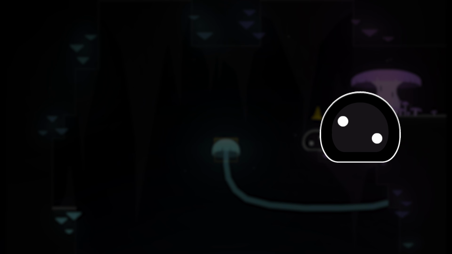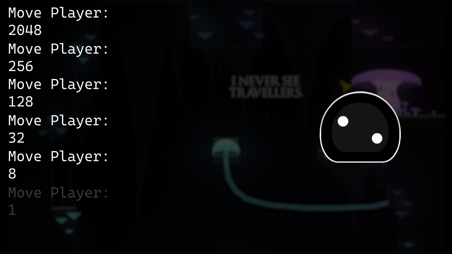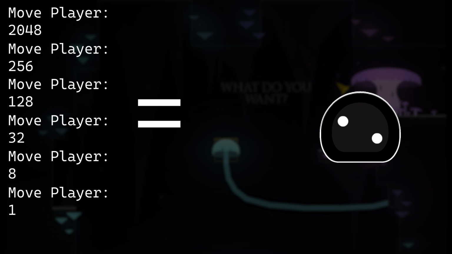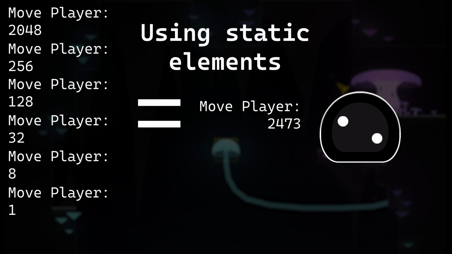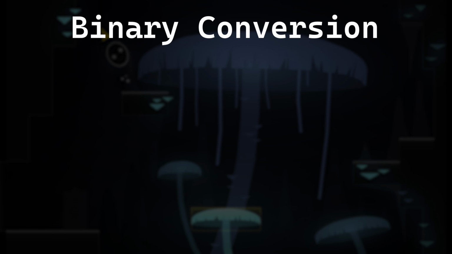Moving an object by 2048, then 256, then 128, then 32, then 8, then 1 is exactly the same as moving it directly by 2,473, except I can plug in any number and it'll be able to move by that amount dynamically.